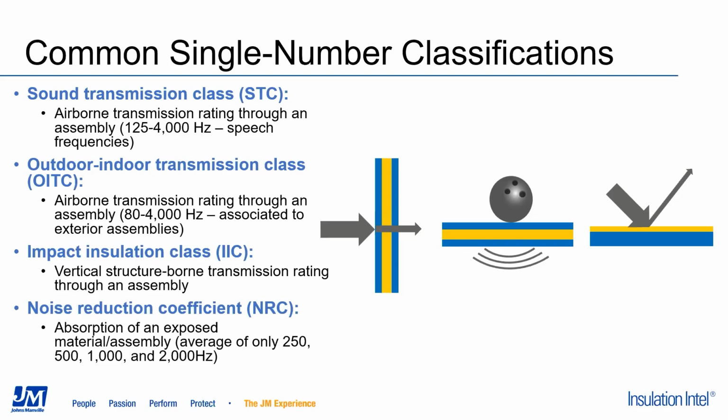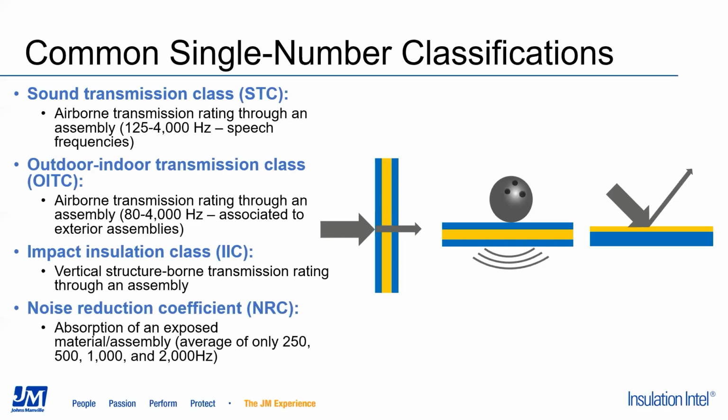The top 2 here, sound transmission class and outdoor-indoor transmission class, STC and OITC, are single number ratings of airborne transmission loss performance of an assembly. OITC ratings are more common with exterior assemblies since they're dealing with a lot more lower frequency noise generators like traffic and other potential noise sources that may be outside. So you often see it with windows and patio doors.